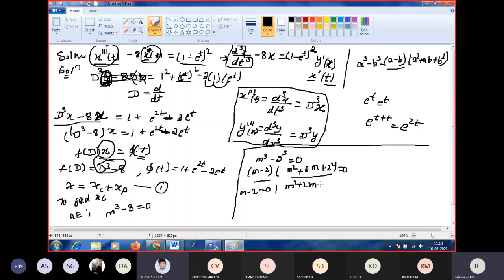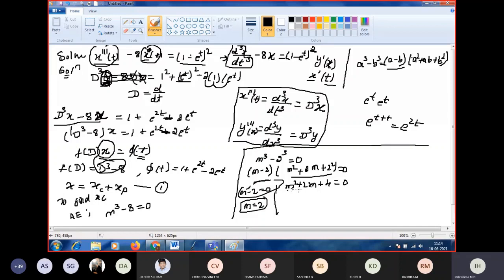Is it clear? Yes, ma'am. So from this one we got m is equal to 2. Next we have to find the two values of m from the other equation. Now it is a quadratic.